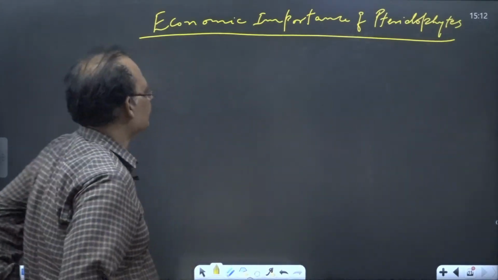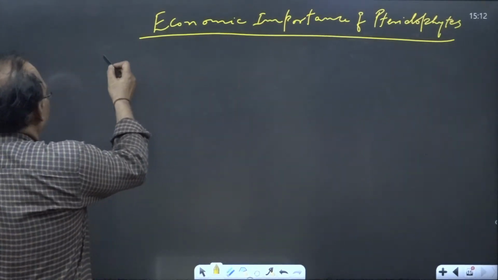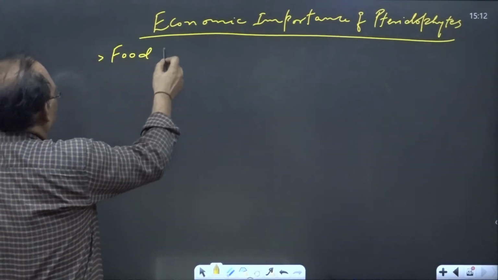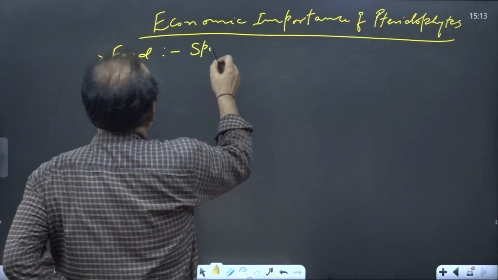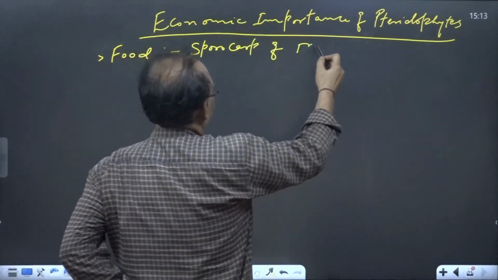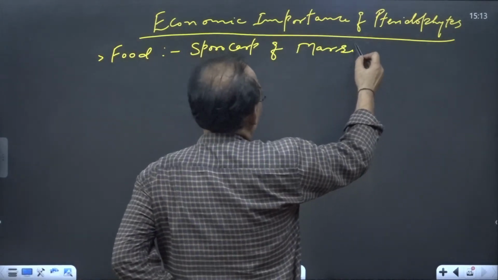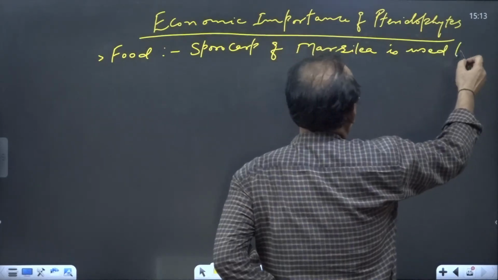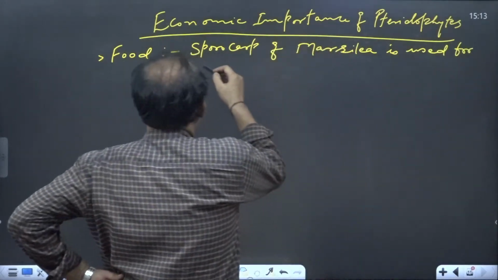So write down the first one, food. Sporocarp of Marsilea is used for food.